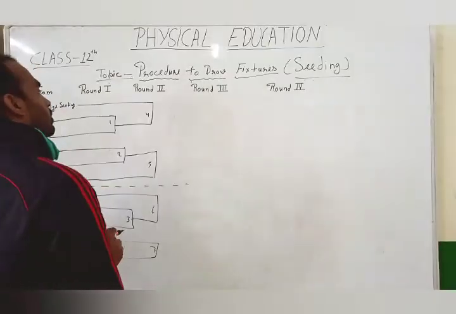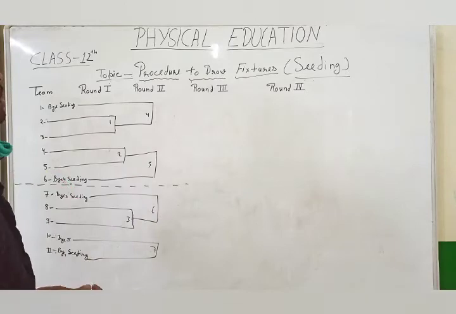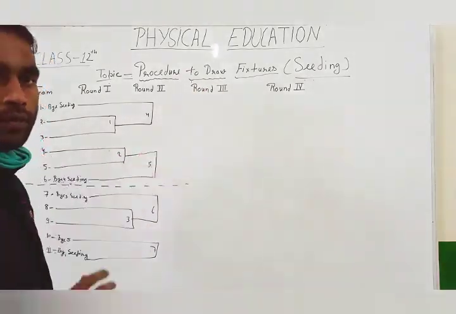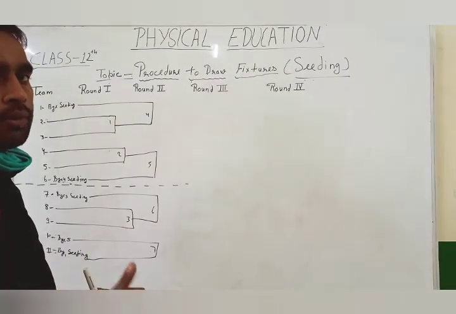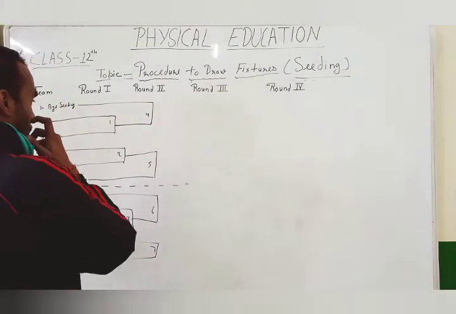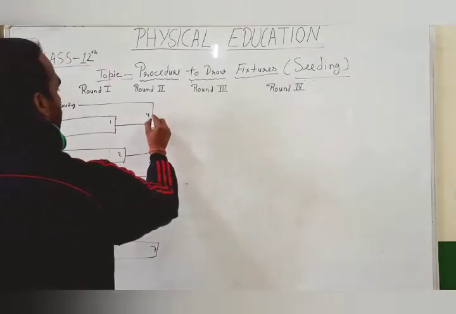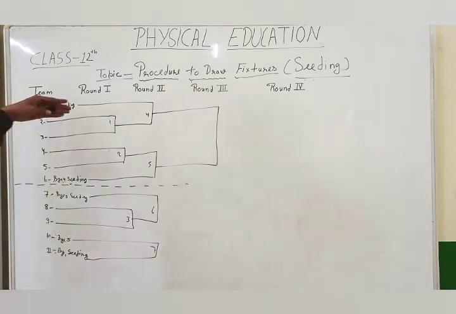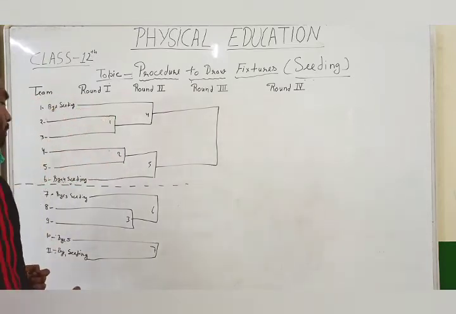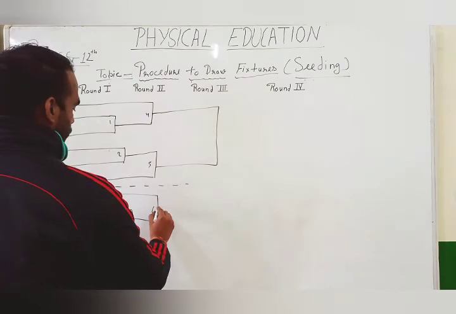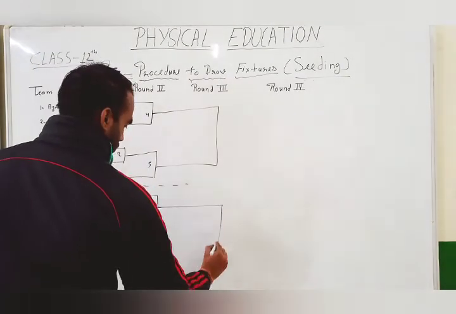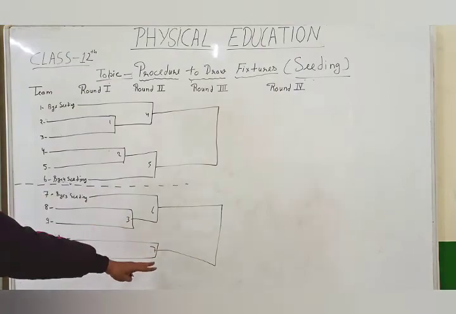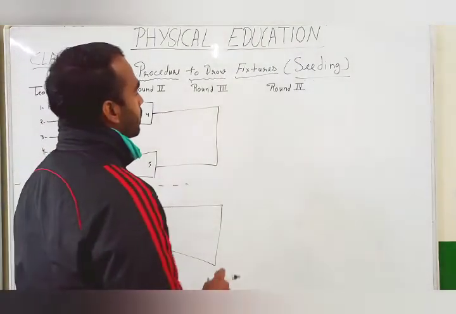Round 3 is the semi-final, in which 4 teams participate. This match is between this group's winner and that group's winner, and in the other match, the winners of the other two groups play.